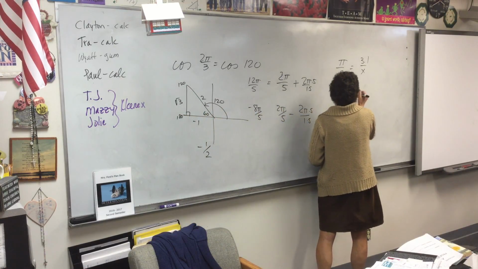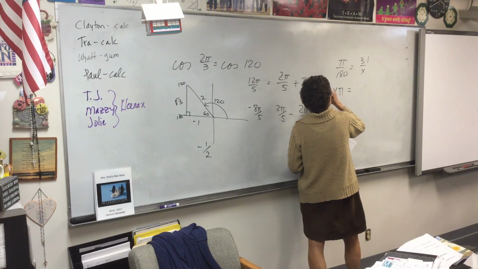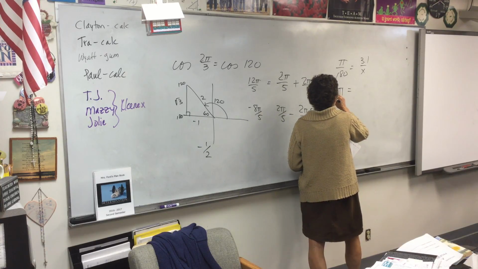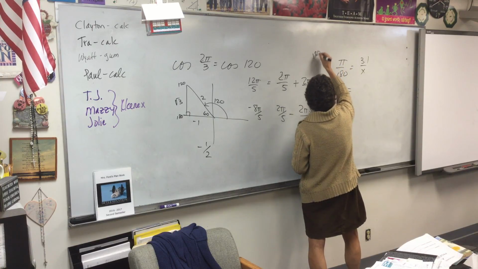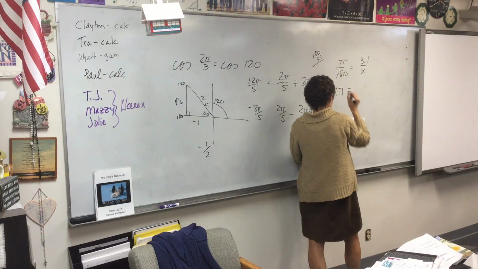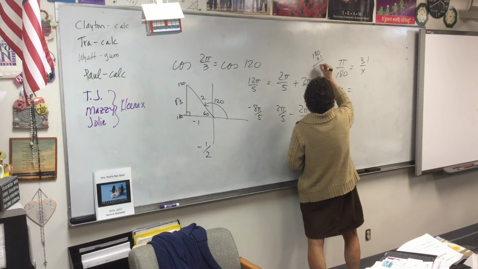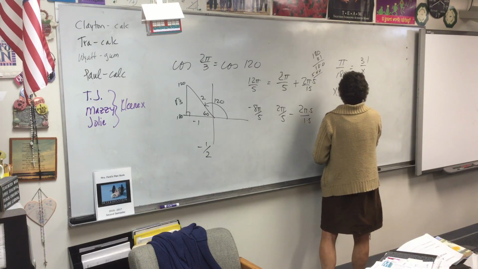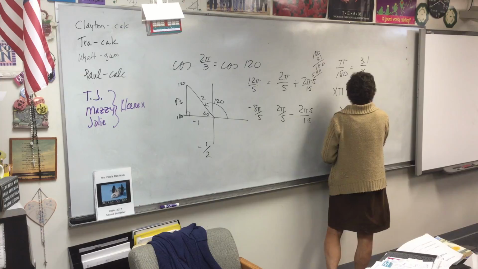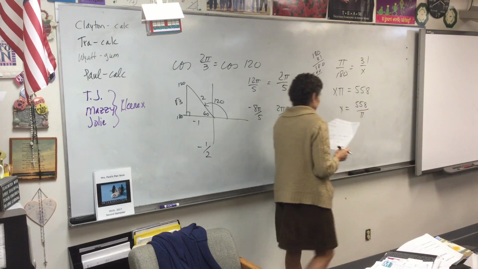So x pi equals, what's 180 times 3? I know, I'm at 3.1, I'm sorry. So 558? So x equals 558 over pi.